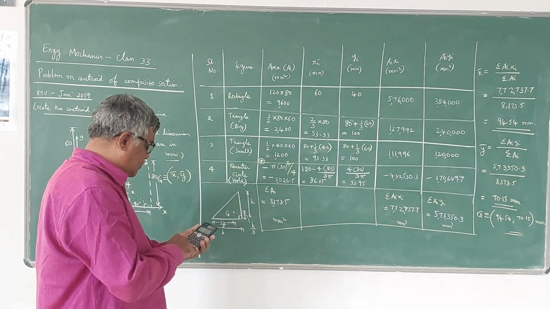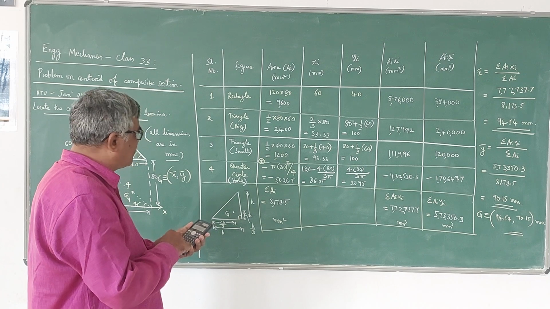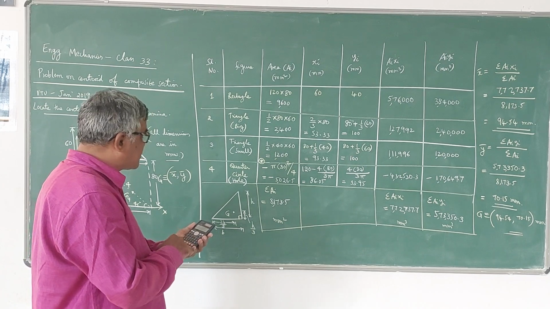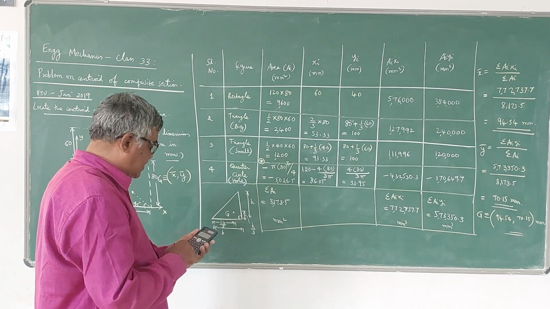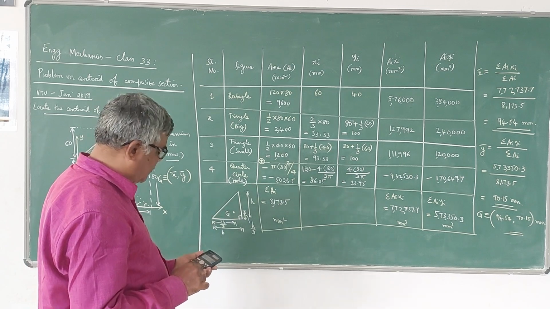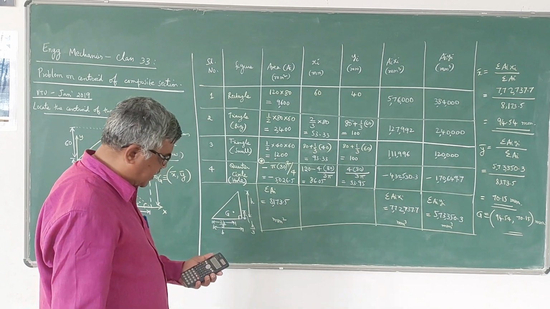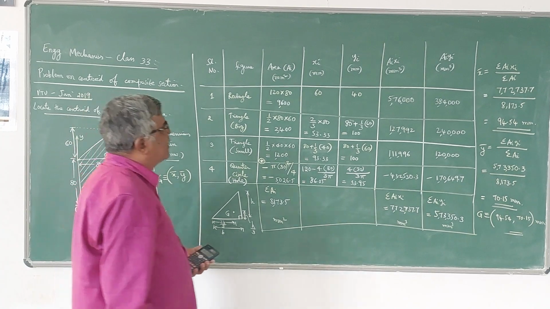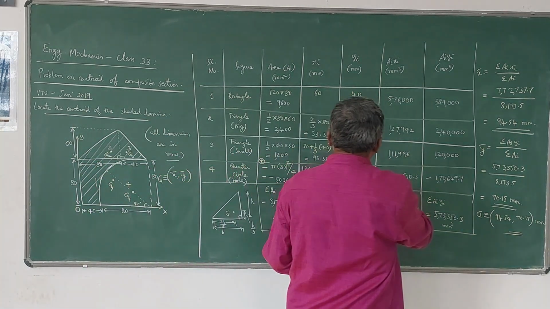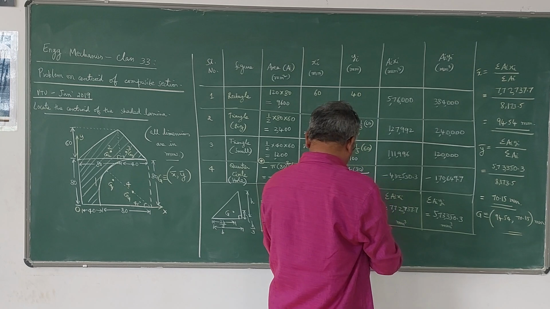So 5026.5 into 86.05 is 432530.3 negative.